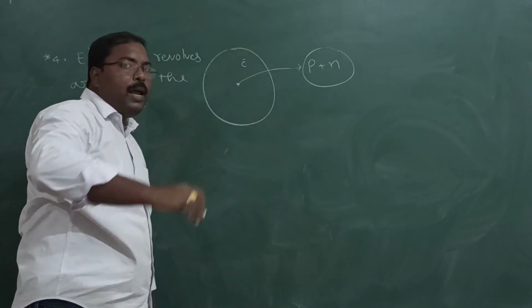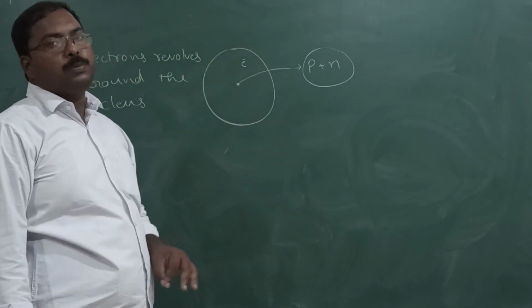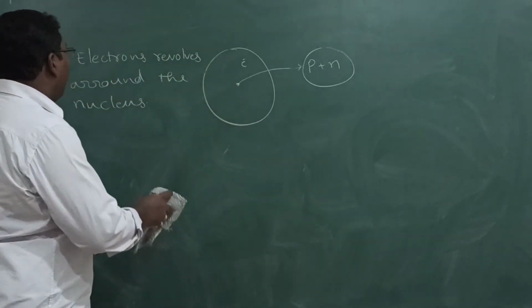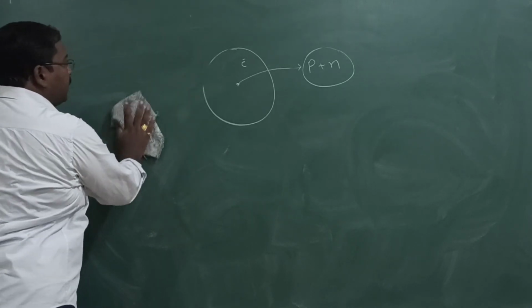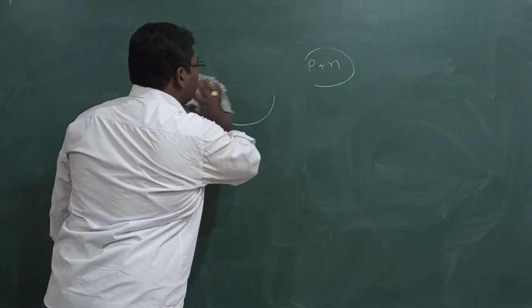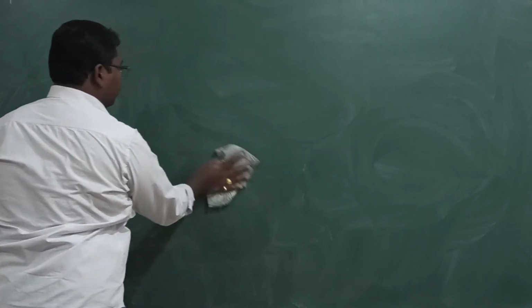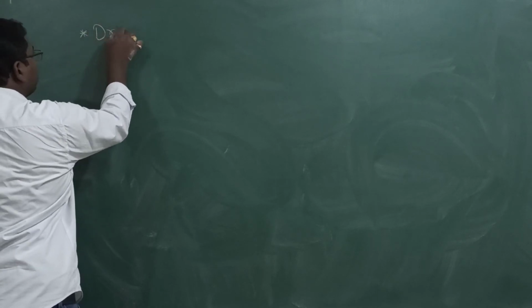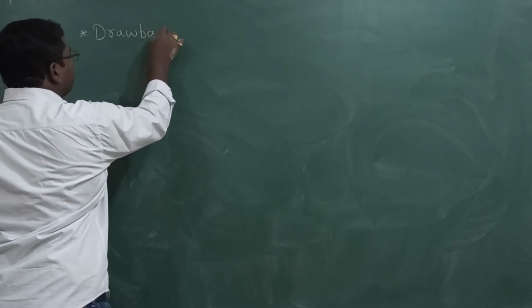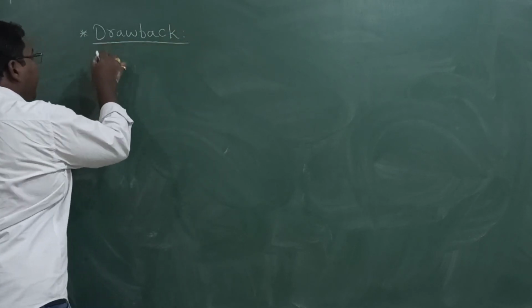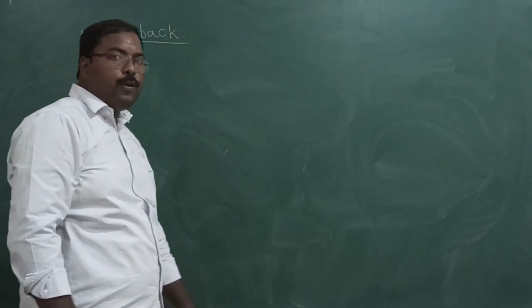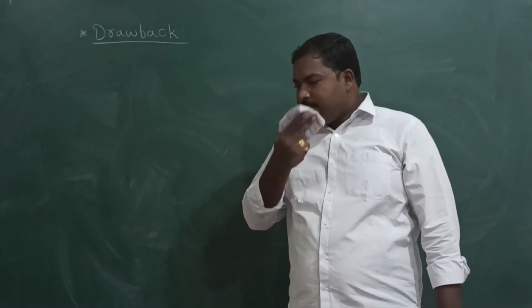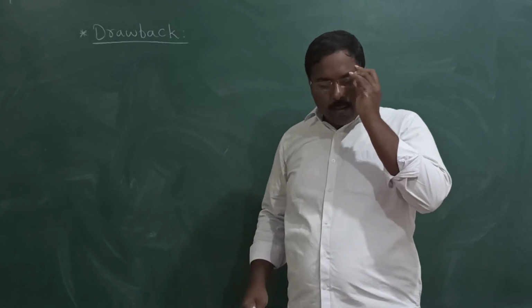Then why are we not following Rutherford's model nowadays? That is a drawback of that model. Let us discuss the drawback. The main drawback of Rutherford's model is he failed to explain the stability of the atom.